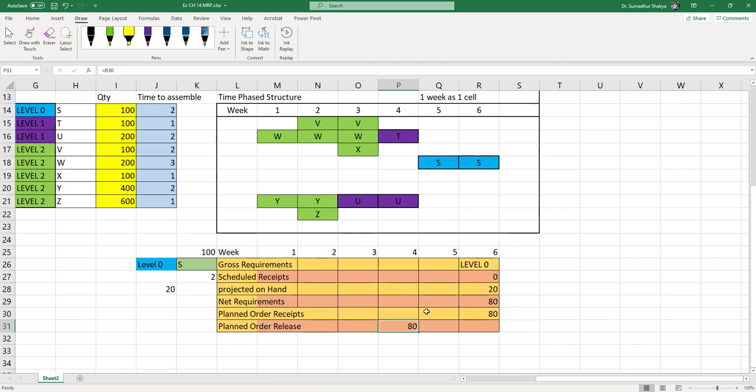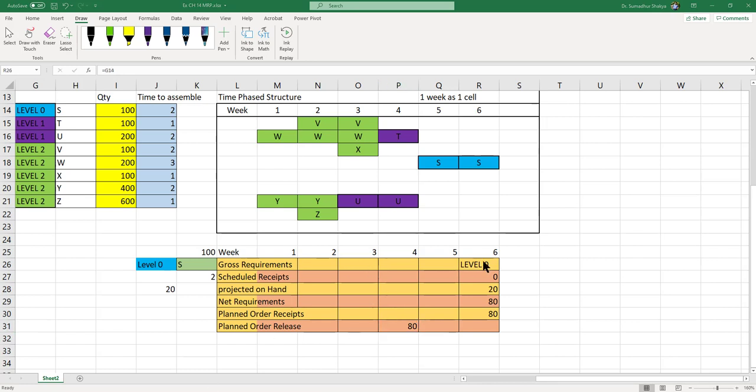Then in the next 2 weeks we can make up 80 units of S, such that a total of 100 would be ready by the end of 6 weeks. This is what will go into the master production schedule, the most detailed level plan that is released on the production floor. Now similarly, I'm going to show you a few more.